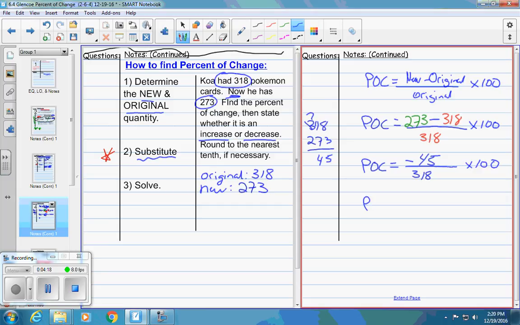Now the order of operations says we have division as well as multiplication in the same problem, so we have to do the one on the left first. So 45 divided by 318. I'm going to let you do that long division out, so pause here if you need to.